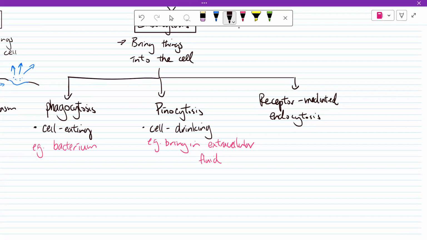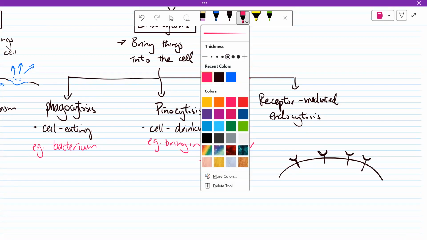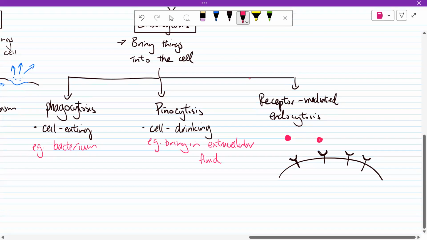And for receptor-mediated endocytosis, it's probably best to illustrate it with a diagram. Okay, so we have some receptors on the surface, and let's say in the surroundings we have these red circle balls, and then we have some green triangles.